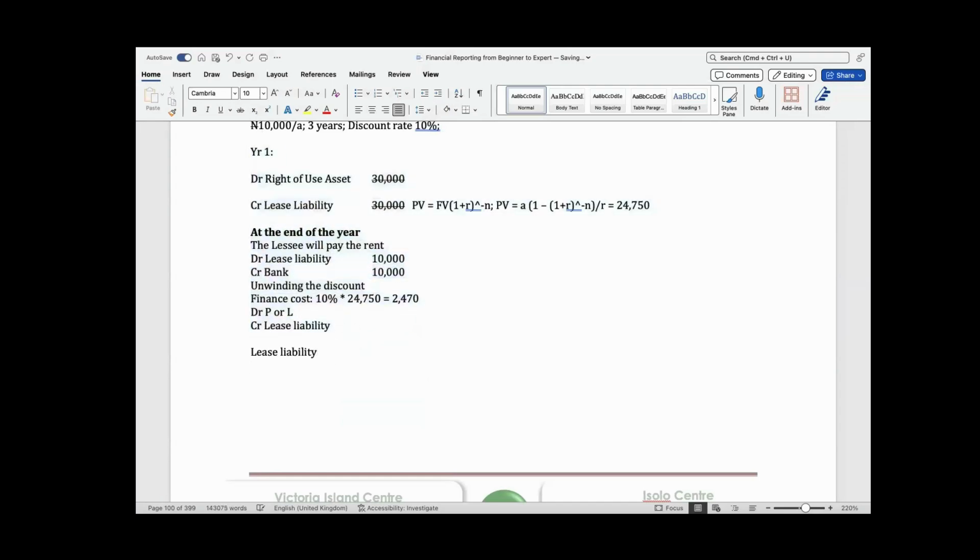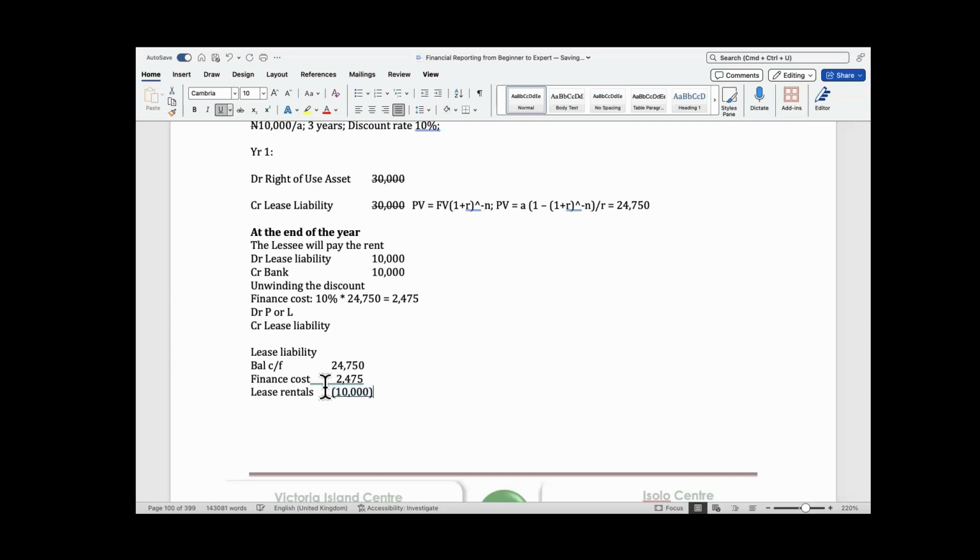When you start solving questions, we'll start with the balance carried forward for year one, let's say 24,750. We'll add the finance cost at 10%, which is 2,475. Then you deduct lease rentals, which is 10,000.